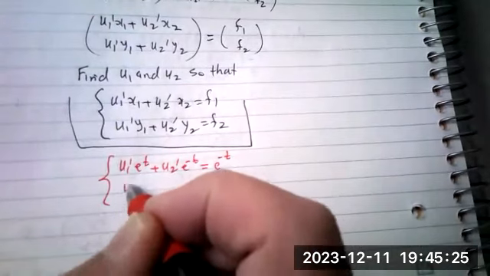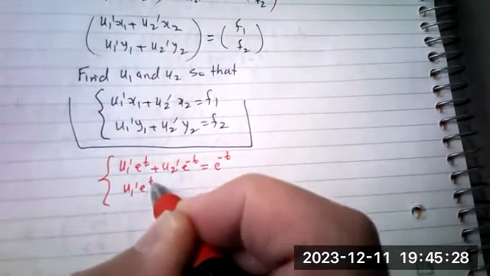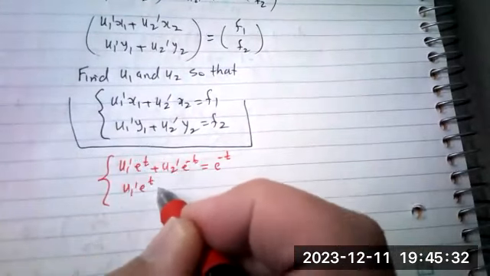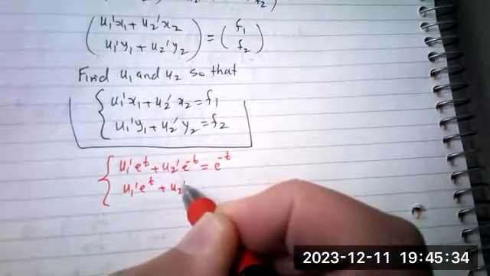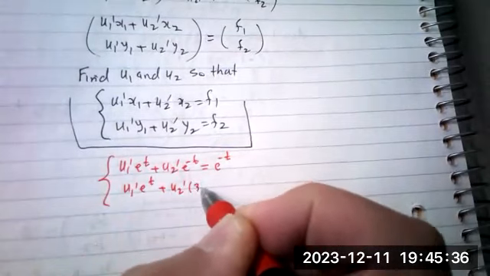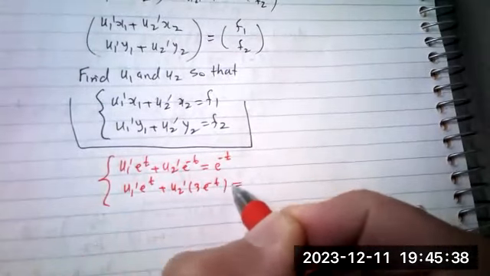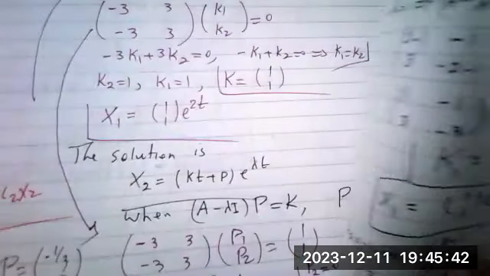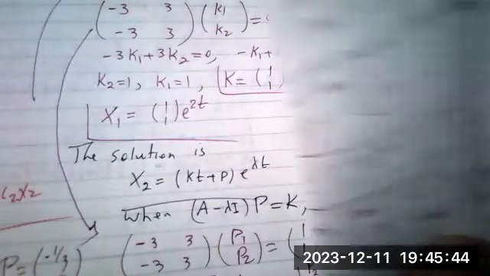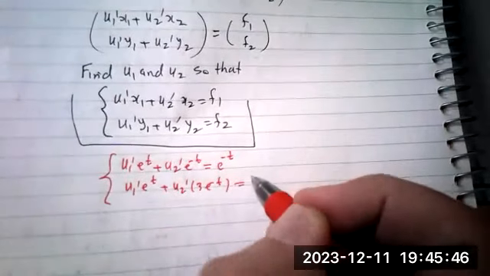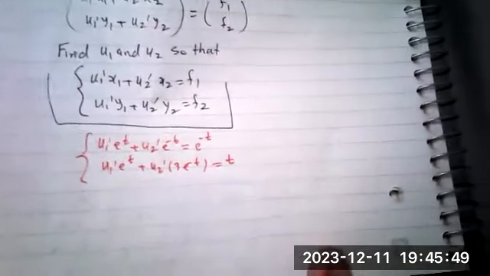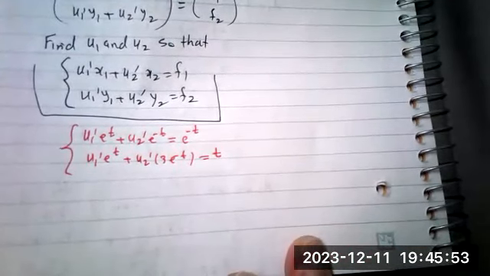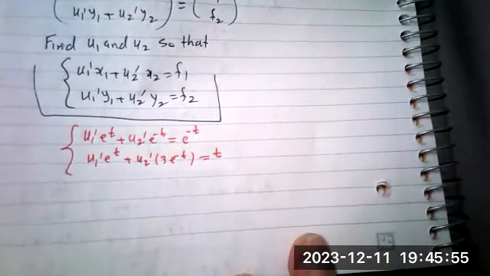You repeat it again: u1 prime times y1, which is e to the t, plus u2 prime times 3e to the negative t, equal to f2. F2, the second part of that function, was simply t. You solve this system of equations for u1 prime and u2 prime, and you integrate it, and you get it right away.